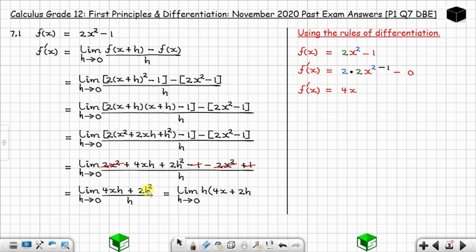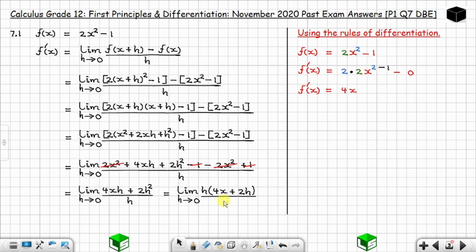Because you have 2h squared. So you can see when you multiply throughout, h times this will give you 4xh, h times this 2h, it will give you 2h squared. So you factorize h outside of the bracket, and then you have in the bracket 4x plus 2h. You close your bracket, over h.